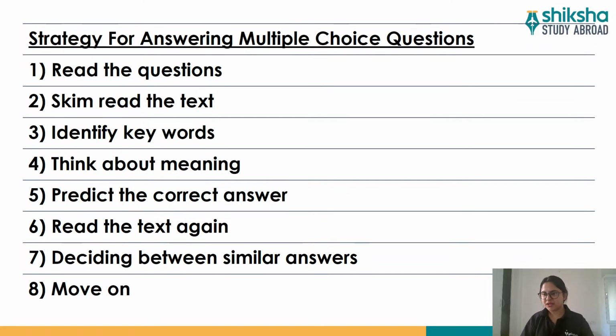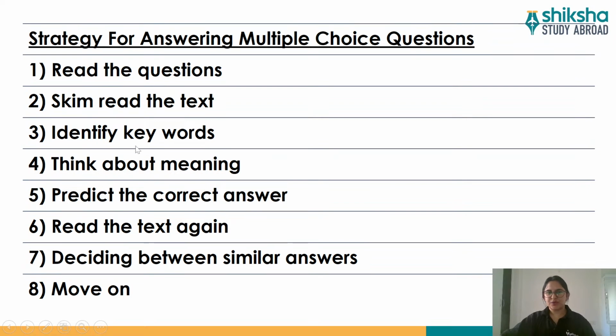Scanning is highlighting the keywords or important information which you find in the paper and then underlining them or keeping them safe for your answer. So the second strategy is to skim read the text. That means quickly read the text given in your paper.